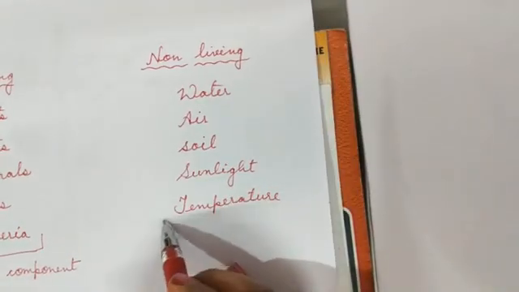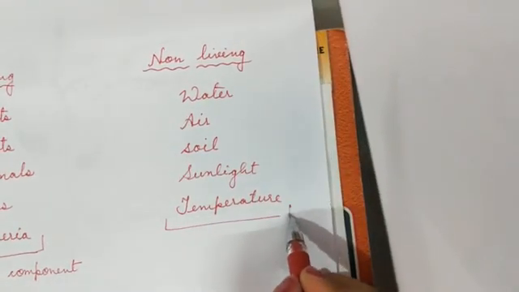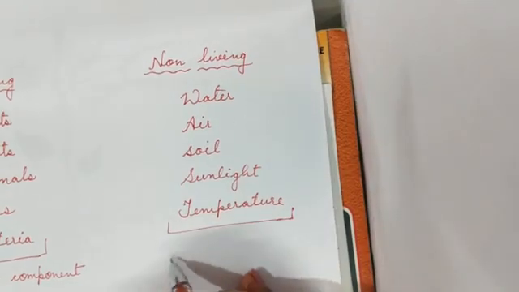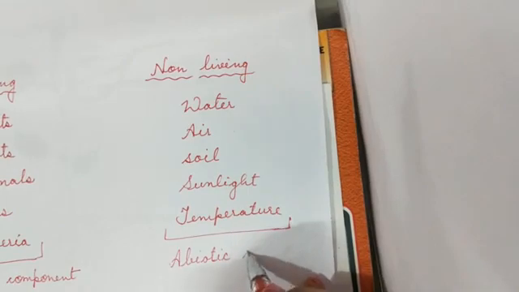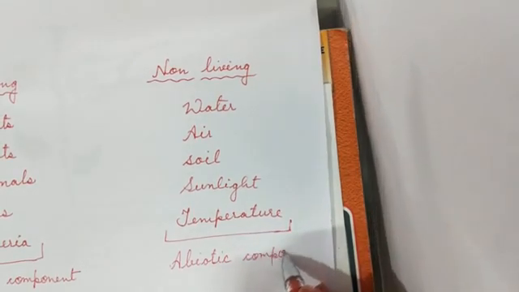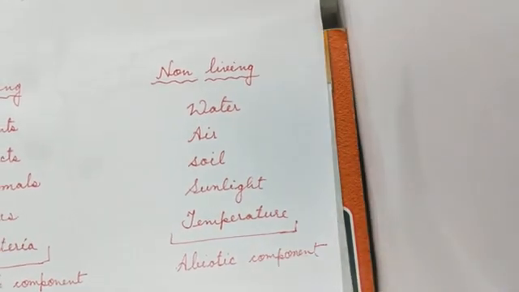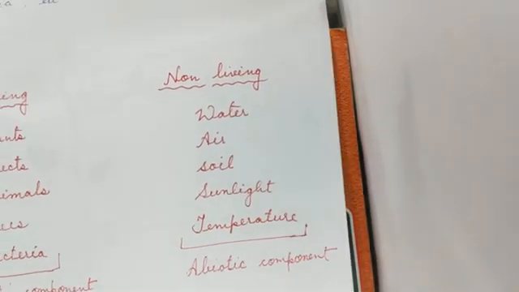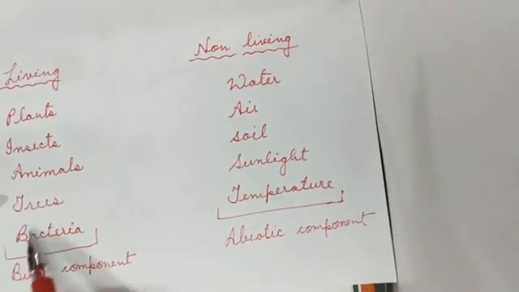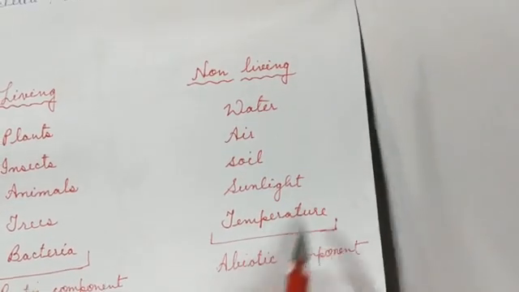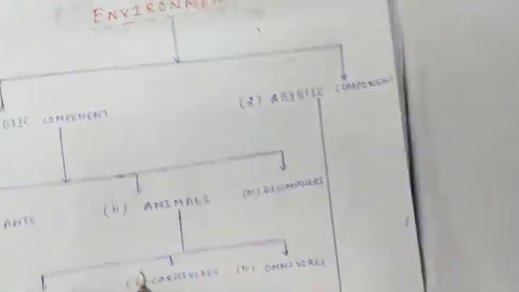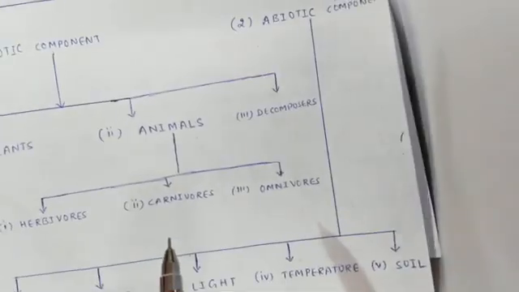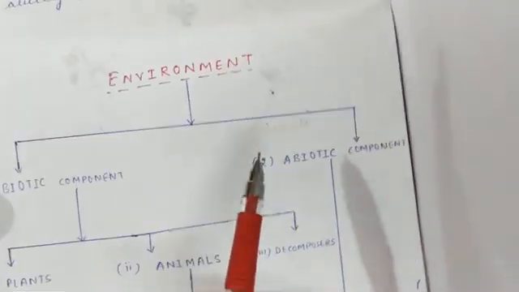And on the other hand, these non-living things are called the abiotic component of the environment. So these biotic and abiotic components are collectively the environment. So here I have made a flow chart on environment.